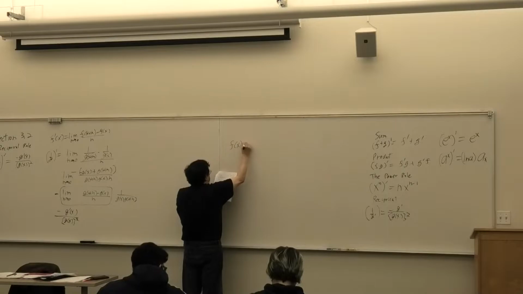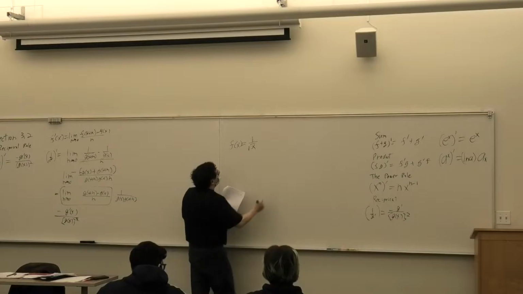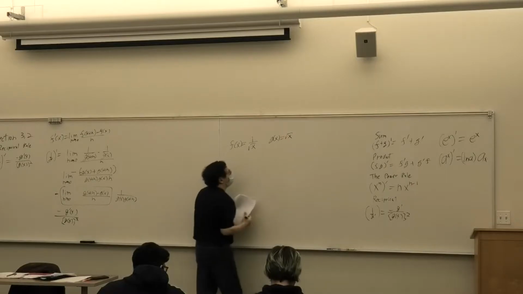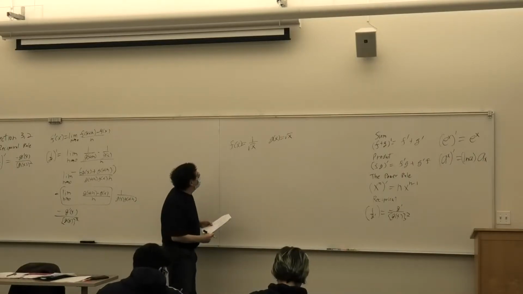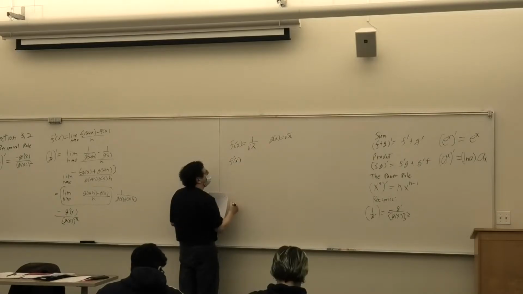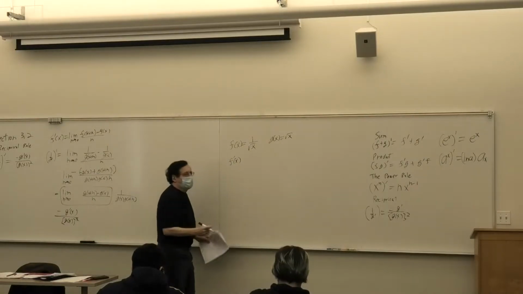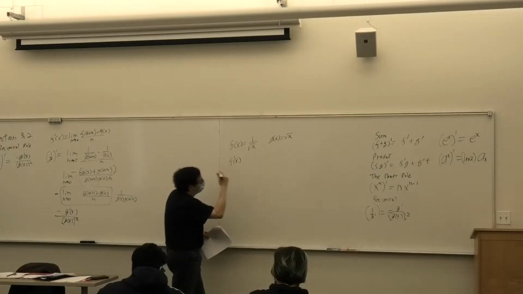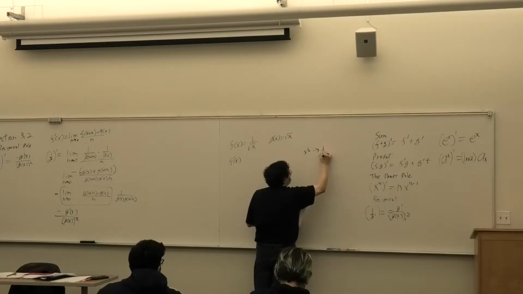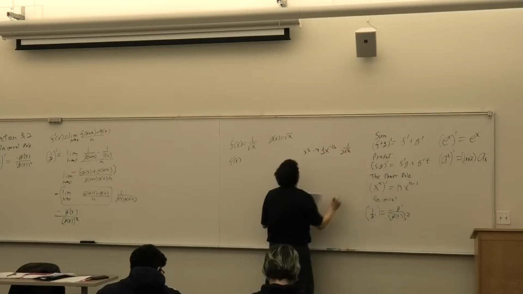f of x equals 1 over square root of x. So g of x here is square root of x. So my rule tells me that the derivative of f of x is what? It's going to be the derivative of the square root of x. Well, that's x to the 1/2, so the power rule tells me the derivative is 1/2 x to the minus 1/2, or 1 over 2 square root of x.